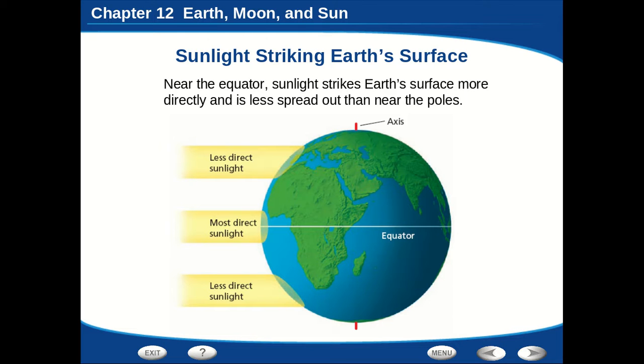Pressure is force divided by area. And we know that light is not causing pressure, but we have to make this kind of connection between those two concepts. This most direct sunlight is a smaller area, but it's the same amount of sunlight. This is a larger area that the sunlight is hitting, but it's the same amount of sunlight.